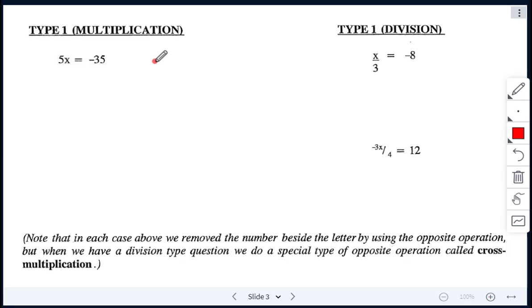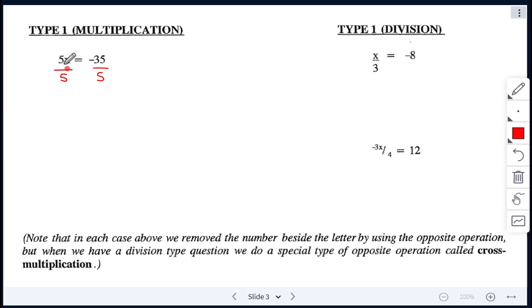Our first example here is a multiplication. So remember here, this 5x means 5 times x. We don't use x as multiplication in algebra. The x is representing a variable. So the opposite of 5 times x is to divide by 5. I'm just showing it like this.